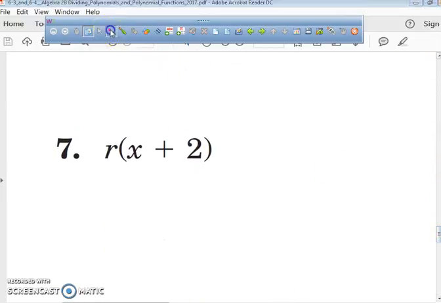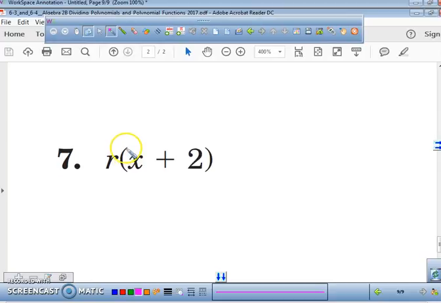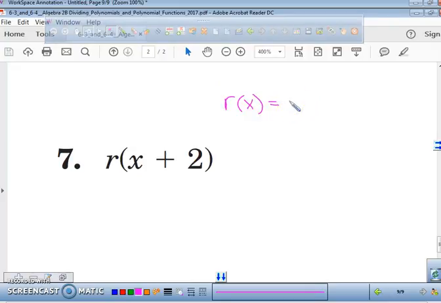All right, so right next to problem number 7, I'm going to write what r of x is equal to. And r of x is equal to 2x squared minus 5x plus 1. Is that correct?